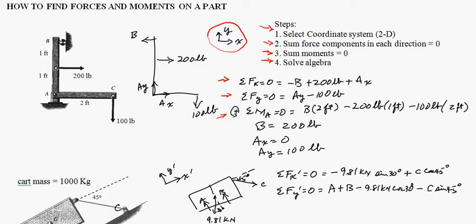And then you pick a point to sum the moments. Usually you try to pick the point that will cause these unknowns to not show up in the moment equation, just to simplify the algebra.